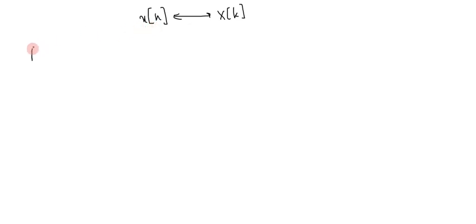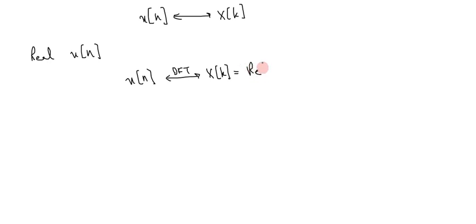For this real x of n, you will have its discrete Fourier transform equals to x of k, which you can decompose into its real part and imaginary part.